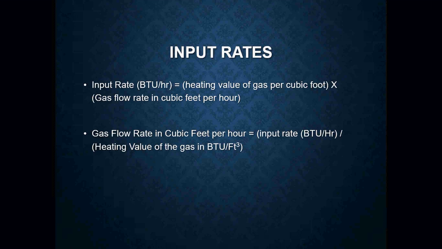To do that calculation, you take the heating value of your gas per cubic foot and multiply it by the gas flow rate in cubic feet per hour. If you want to figure out your gas flow rate in cubic feet per hour, you take the input rate, which is stamped in BTUs per hour, and divide it by the heating value of that gas in BTUs per cubic foot.